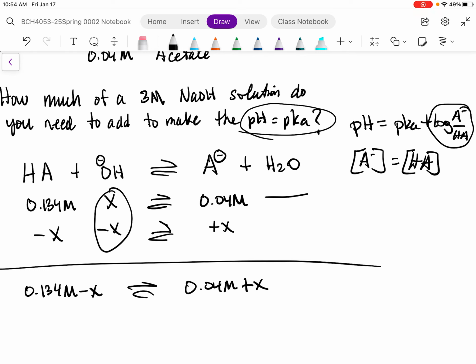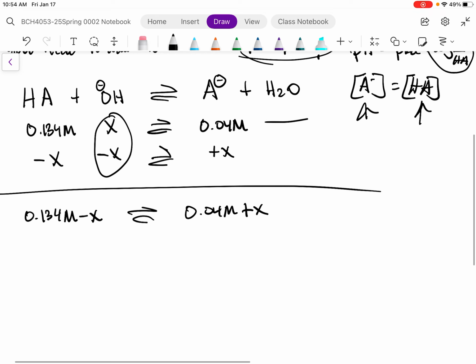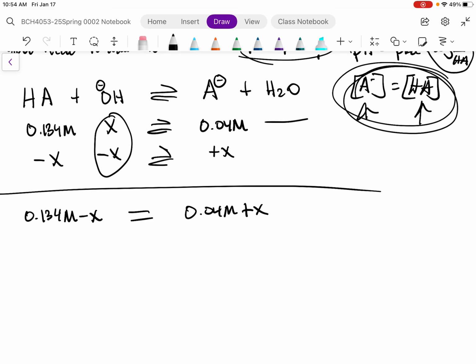So that's what we're solving for: when the concentration of acetate and the concentration of acetic acid are the same. That's equilibrium, but now we can set it up as an equation and set those two sides equal to one another.